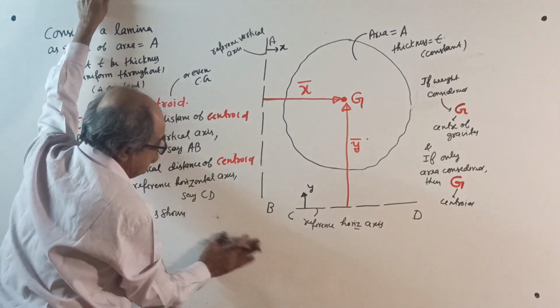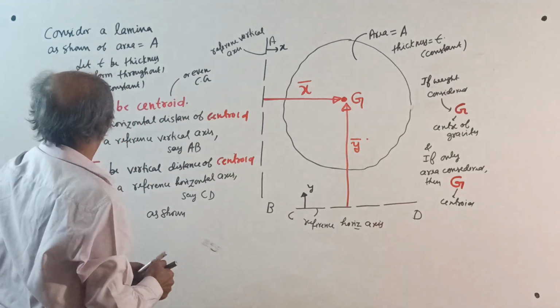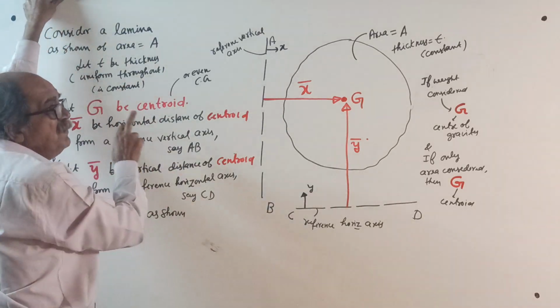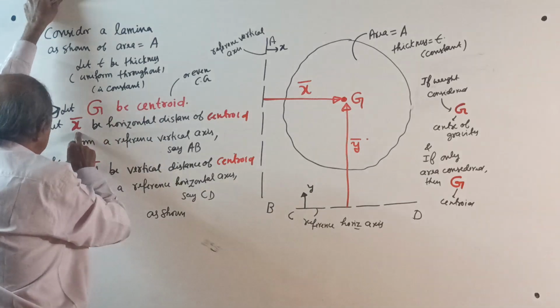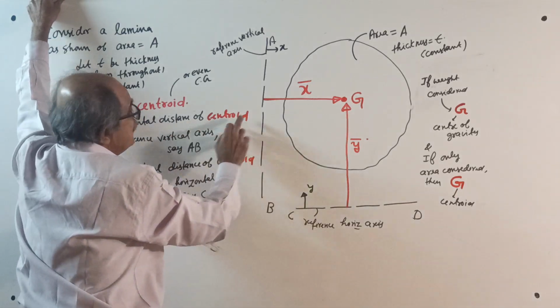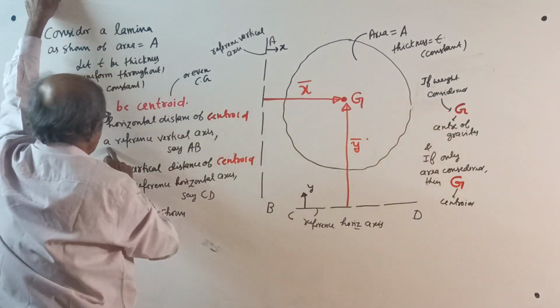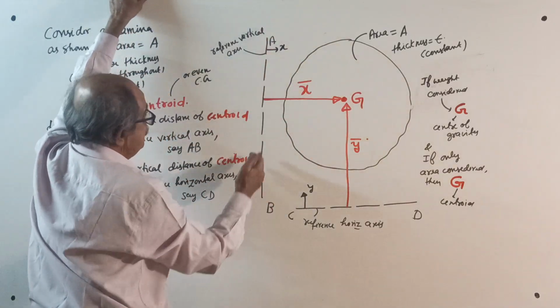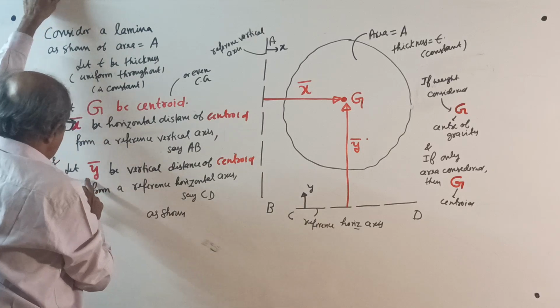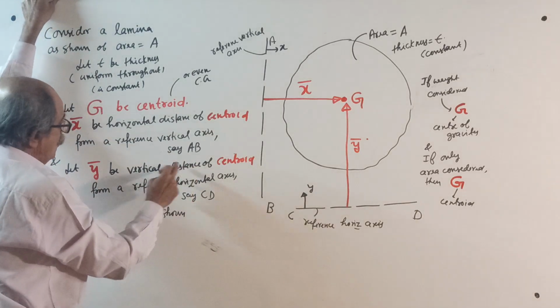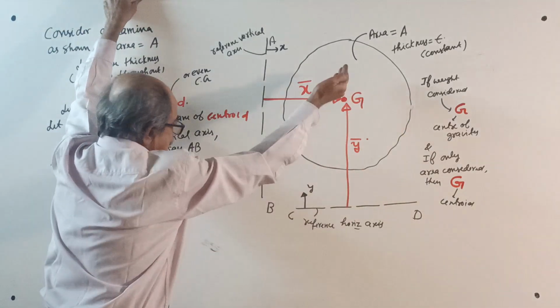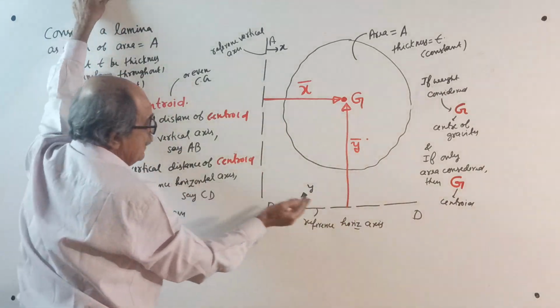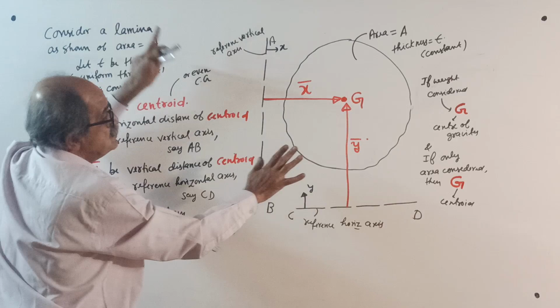First, to understand, bar means to give importance. Let x bar be the horizontal distance of centroid from a reference vertical axis, say AB. And in the same way, let y bar be the vertical distance of centroid from a reference horizontal axis, say CD, as shown.